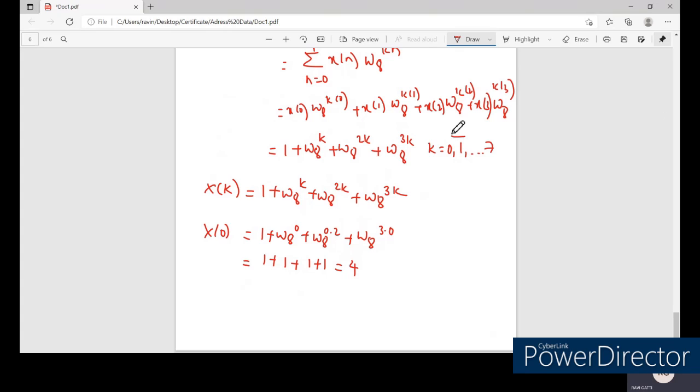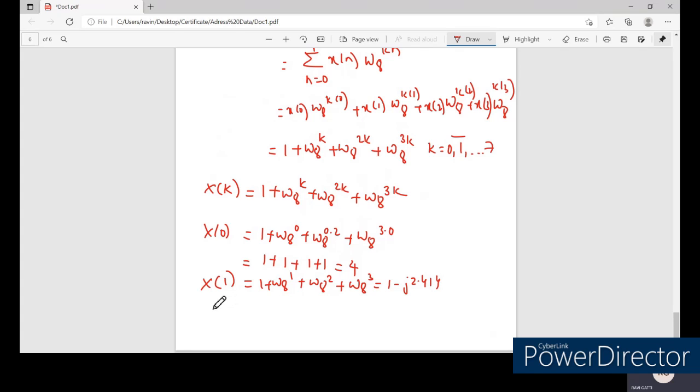Substitute k equal to 1. Then X of 1 is 1 plus omega 8 to the power of 1 plus 1 plus omega 8 to the power of 2 plus 1 plus omega 8 to the power of 3. Substituting all these terms, you'll get 1 minus j 2.414.